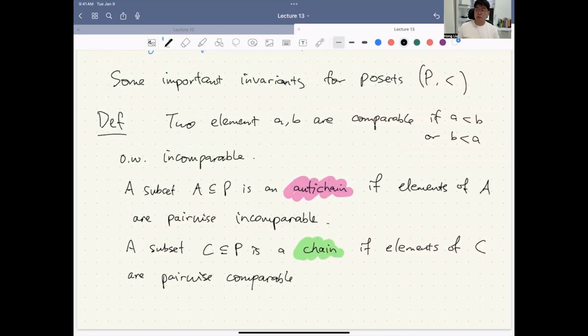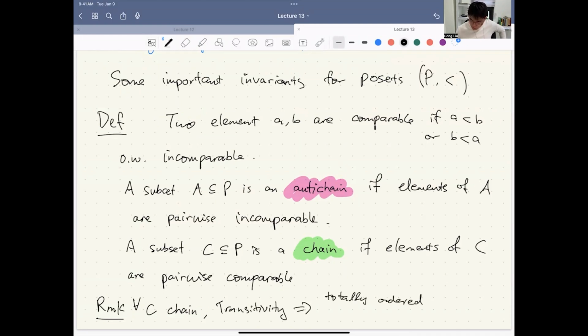Then one thing to notice is that by transitivity, if elements are pairwise comparable, they are actually totally ordered, right? So in other words, maybe let me make a remark. Given a chain, for any chain, transitivity of the poset implies that C is totally ordered.